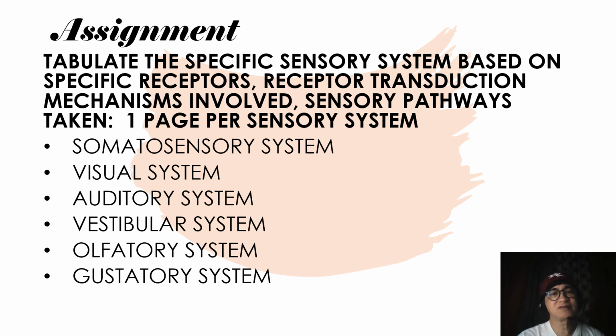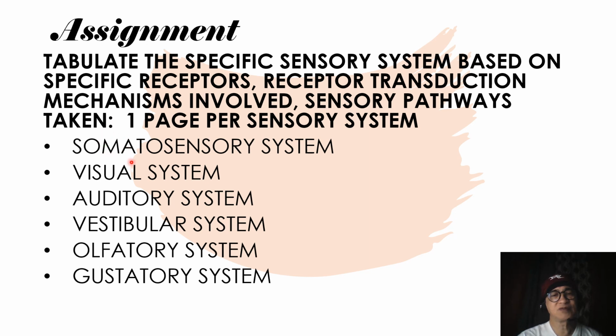As your assignment, I would like you to tabulate the specific sensory systems based on the receptors that they possess, giving their specific names, and the receptor transduction mechanisms that are involved, as well as the sensory pathways that are taken by the specific sensory information.